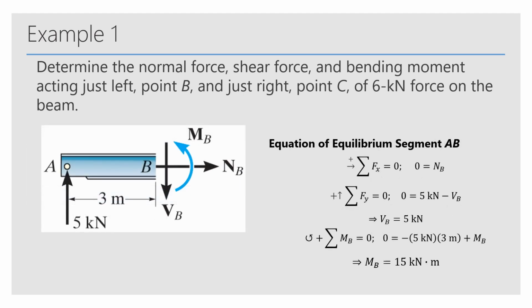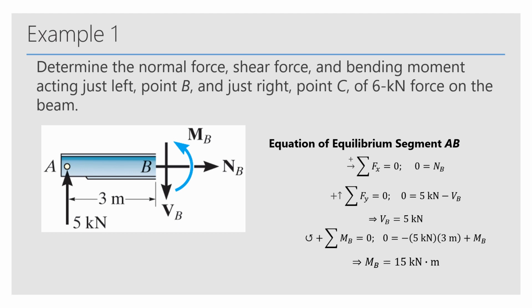we split the beam from the point A to B. We have the force acting in the A direction, which is the 5 kilonewtons. And then we have the variables MB, NB, and VB for the unknown normal force, shear force, and bending moment. The normal force here is 0, so there's no horizontal component.